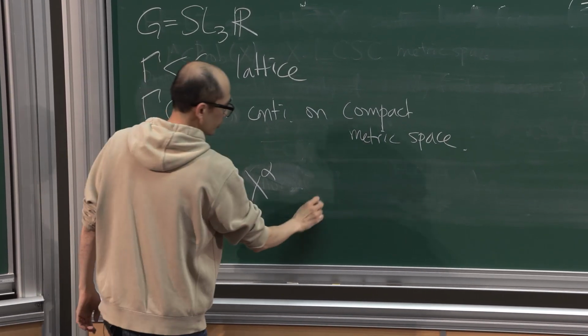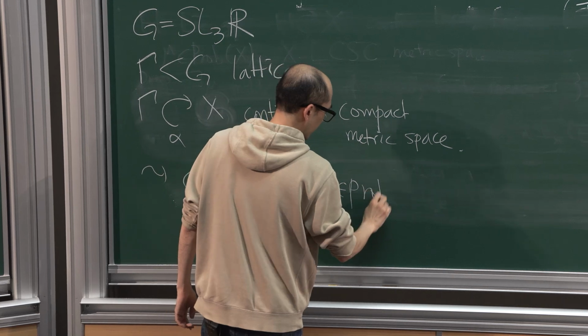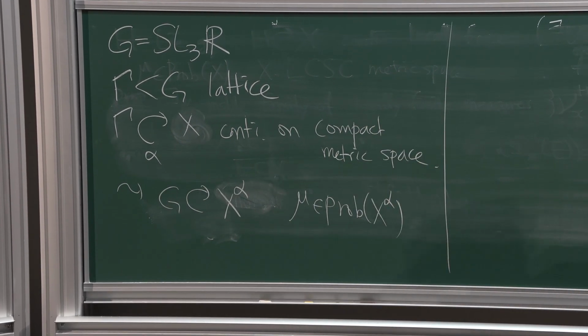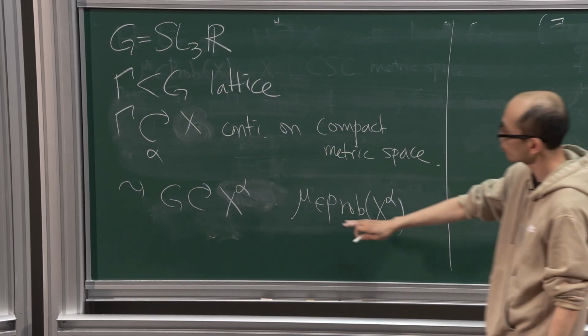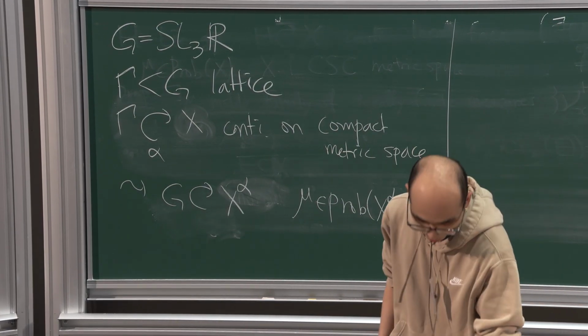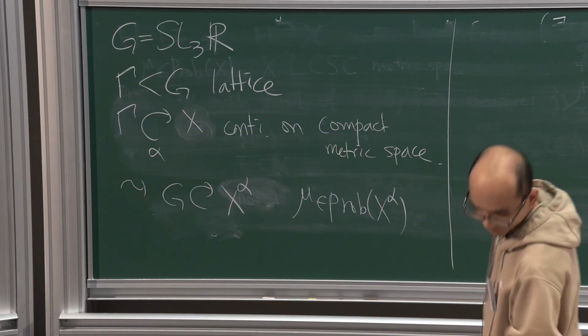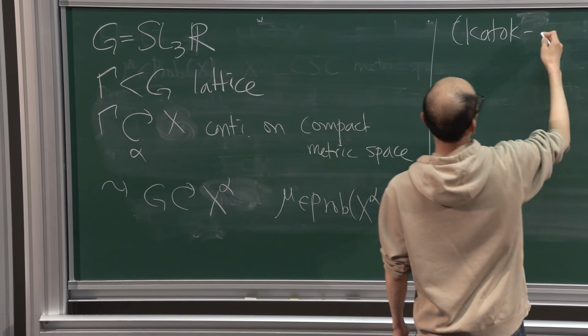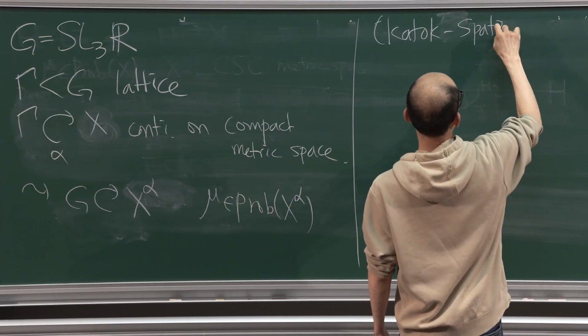And let's say mu is a probability measure on X to the alpha. So this is our setting, any probability measure on here. And now what I want to do is the following. So this is basically an argument by Katok-Spatzier.